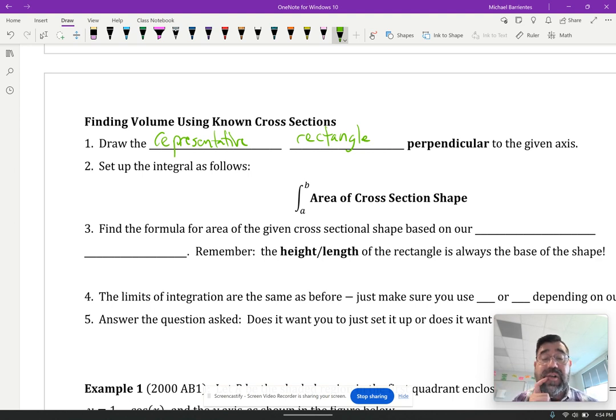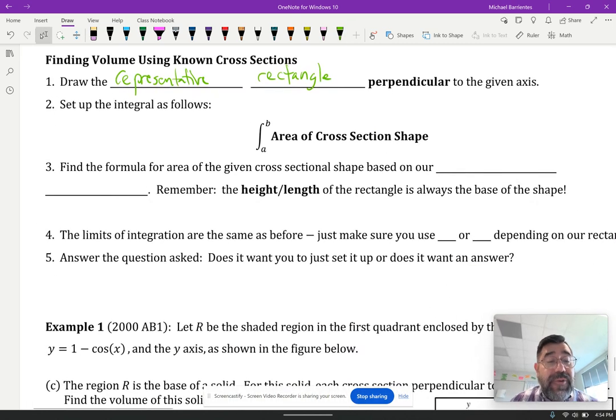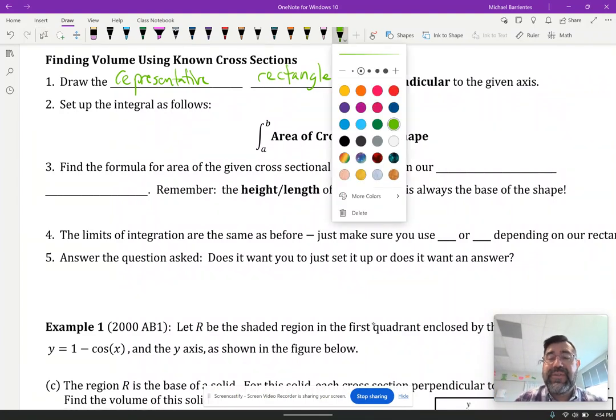And we're going to take the integral of the area of a cross-sectional shape. We're going to find the formula for the area of the given cross-sectional shape based on our representative rectangle.